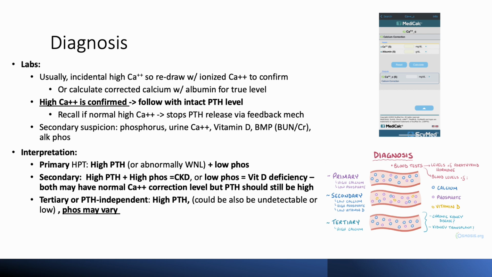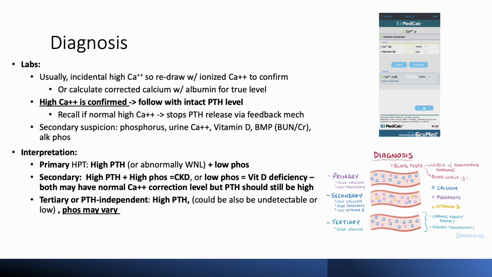I did a little screenshot of a MedCalc conversion here. If you want to know the actual equation, feel free. It's your serum calcium in milligrams per deciliter plus 0.8 times 4 minus the patient's albumin in grams per deciliter. So rather than go through all that work, I just use my med calculator.